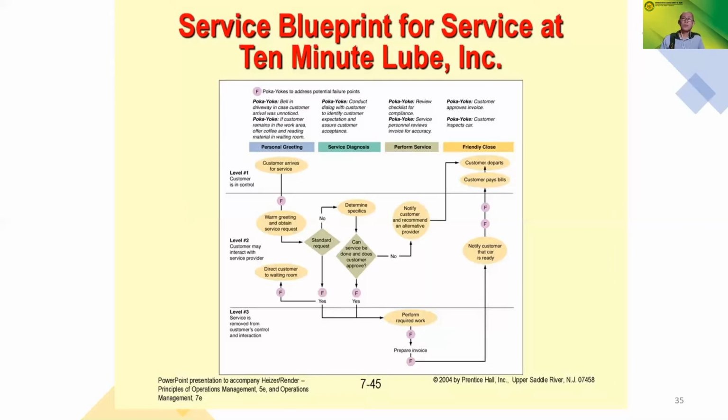This service blueprint here also notes potential failure points, which is important because the consequences of these failure points can be greatly reduced if identified at the design stage, when modification or appropriate poka-yoke can be included. Poka-yoke are fail-safe quality approaches to ensure fewer failures in product performance or service delivery.